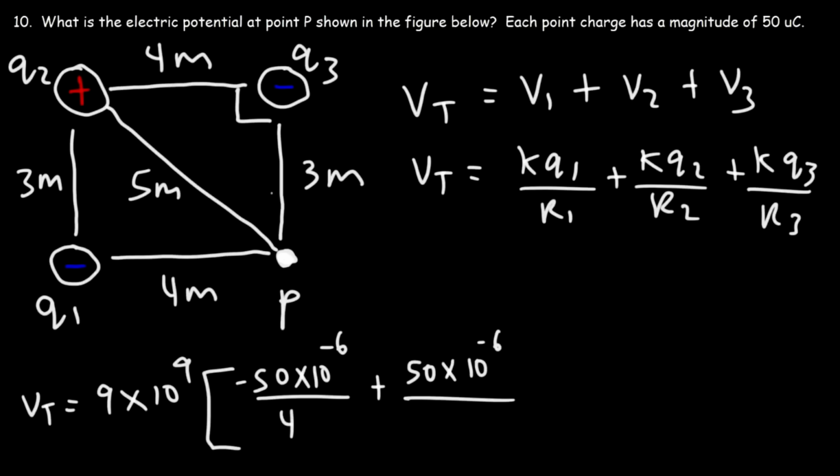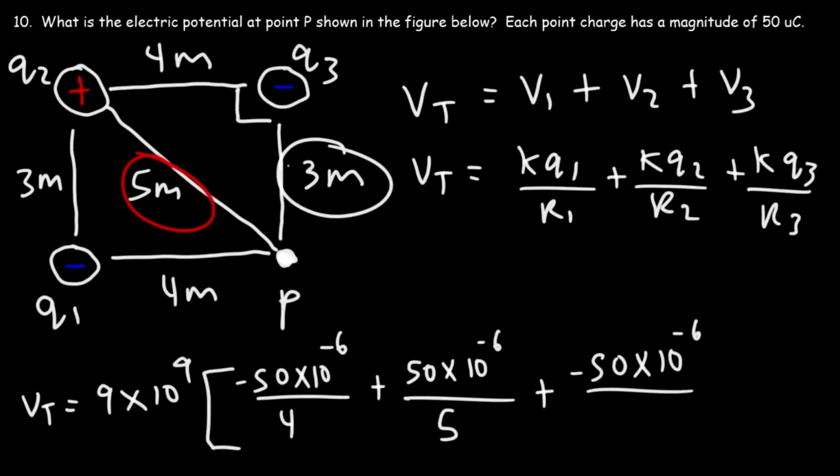The square root of 25 gives us 5. So that's the distance between Q2 and point P. Now Q3, that's going to be negative 50 times 10 to the minus 6. And the distance between Q3 and point P is 3 meters. So go ahead and plug this in.